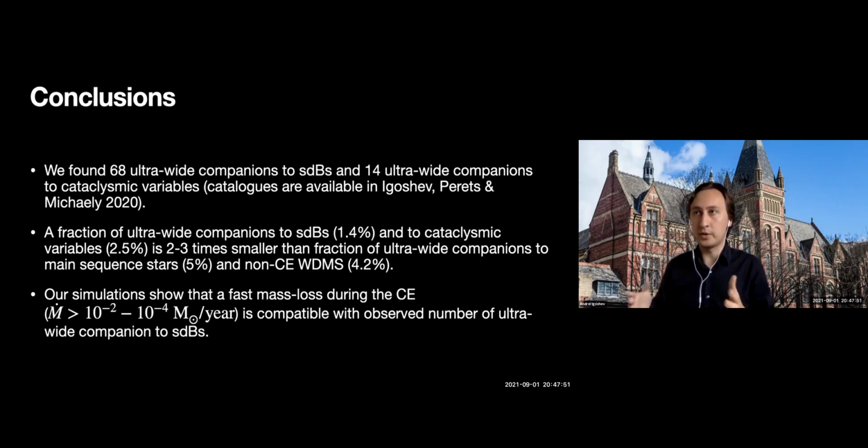So we assume that this difference appears as a result of mass loss during the common envelope stage. And if this assumption is correct, then we can put a lower limit on the mass loss rate at around 10 to the minus 2 for SDB stars and 10 to the minus 4 for wide dwarf main sequence stars.